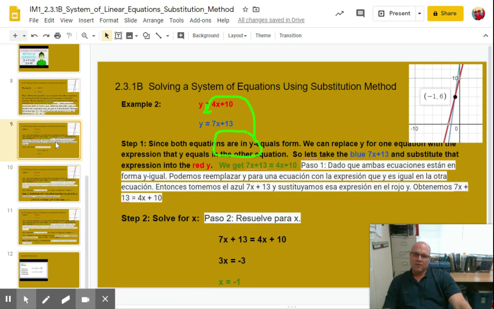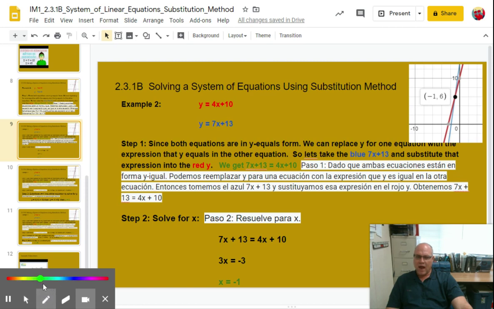All right, so now, step two is we're going to solve for x. So I want to subtract 13 from both sides, minus 13 and minus 13 here. Sorry, I can't do it with the mouse too well here. And then I'm going to get rid of this 4x.